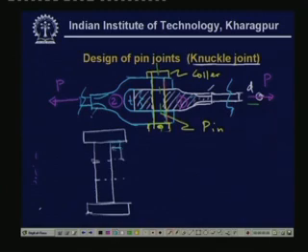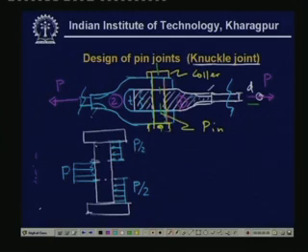So here the total force acting is P by 2, here the total force acting is P, and again here the total force acting is P by 2. Now this is one very simple assumption, and we have to check against failure.